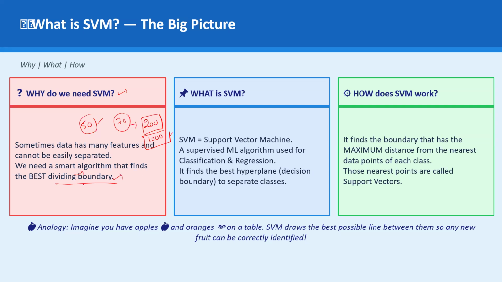Let's see what that means. The support vector machine is a machine learning algorithm used for classification and regression. You already know this. But what exactly does it do? It finds the best hyperplane for the separation of the classes. Let's say there are two classes.